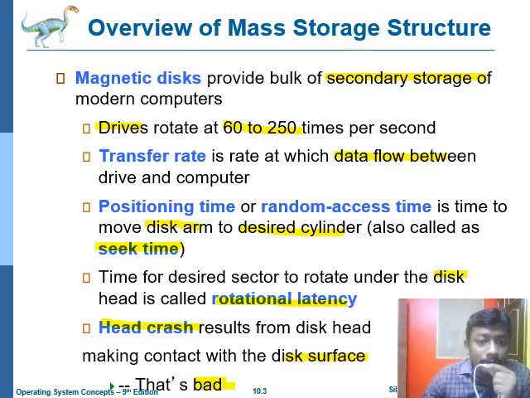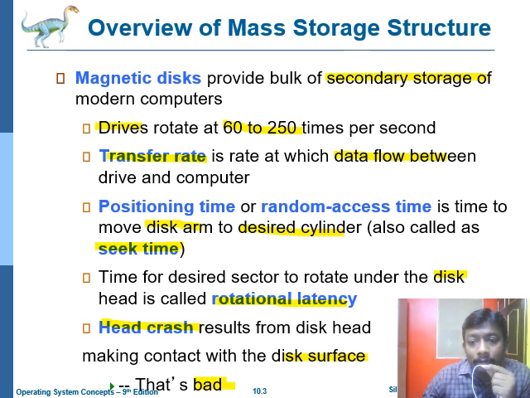We have seen the first factor, the transfer rate, which is the rate at which data flows between the drive and the computer. Then the random access time, or positioning time, or seek time, which is a very important thing. It is the time to move the disk arm to the specific desired cylinder. So this is called the seek time.